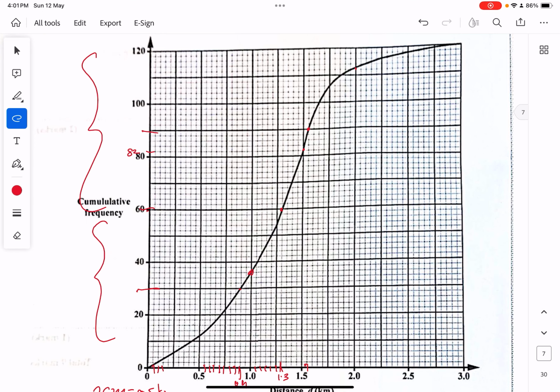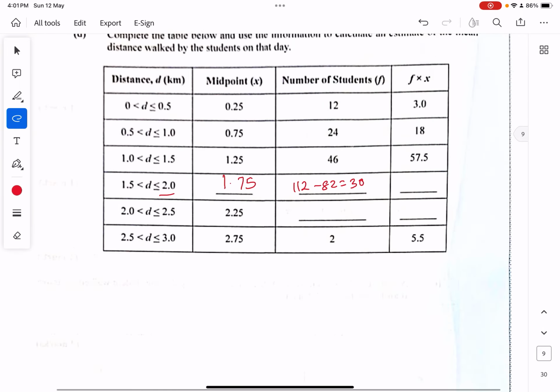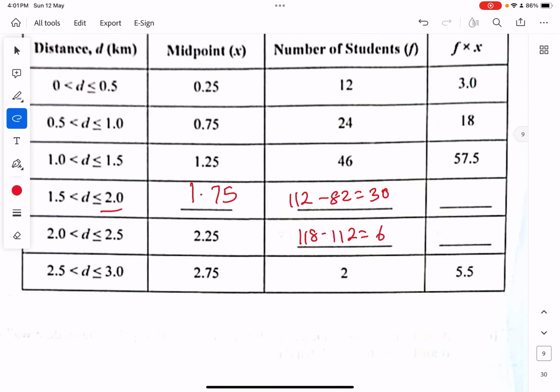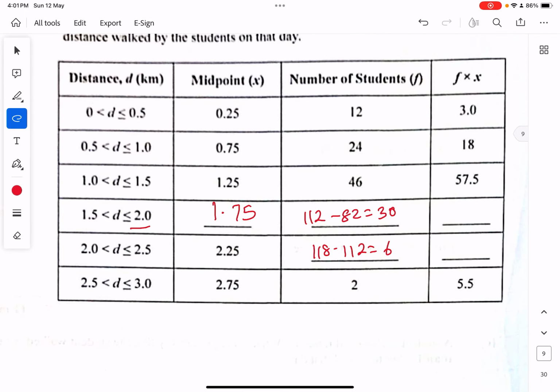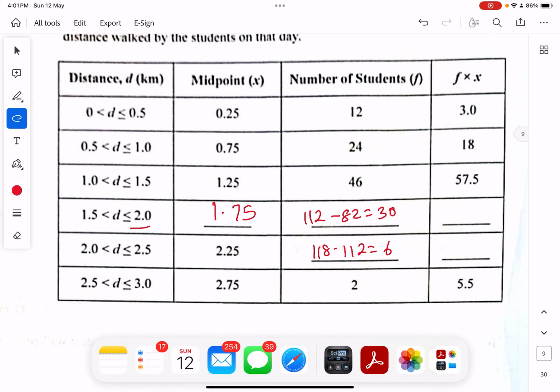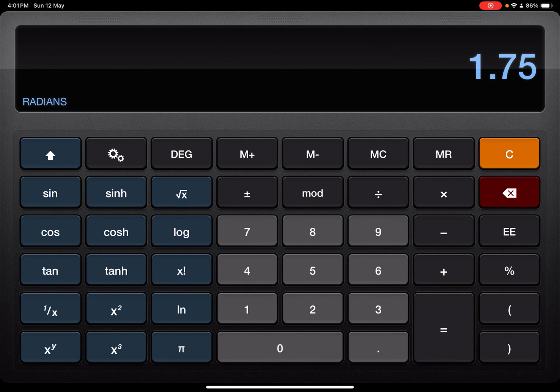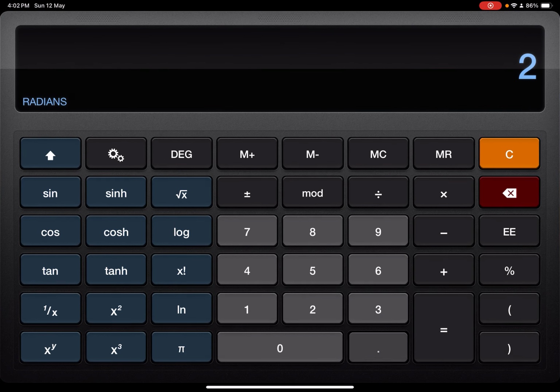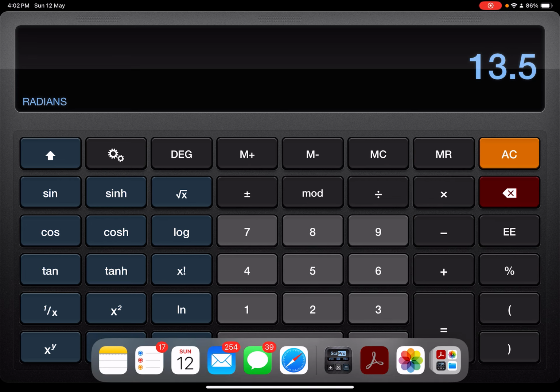So 118 take away 112 gives us 6 students. Now we can multiply to get our f times x. 1.75 times 30 is 52.5. And then 2.25 times 6 is 13.5.